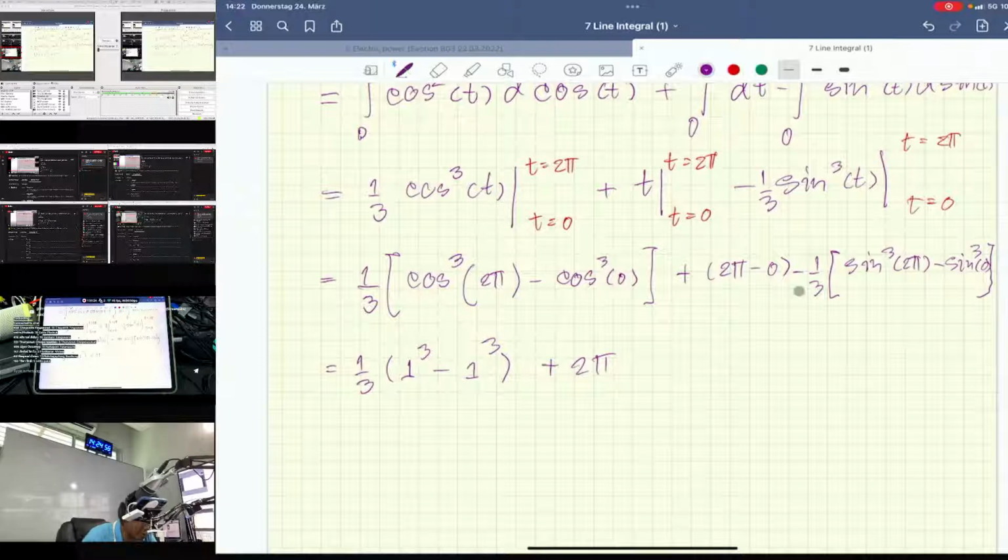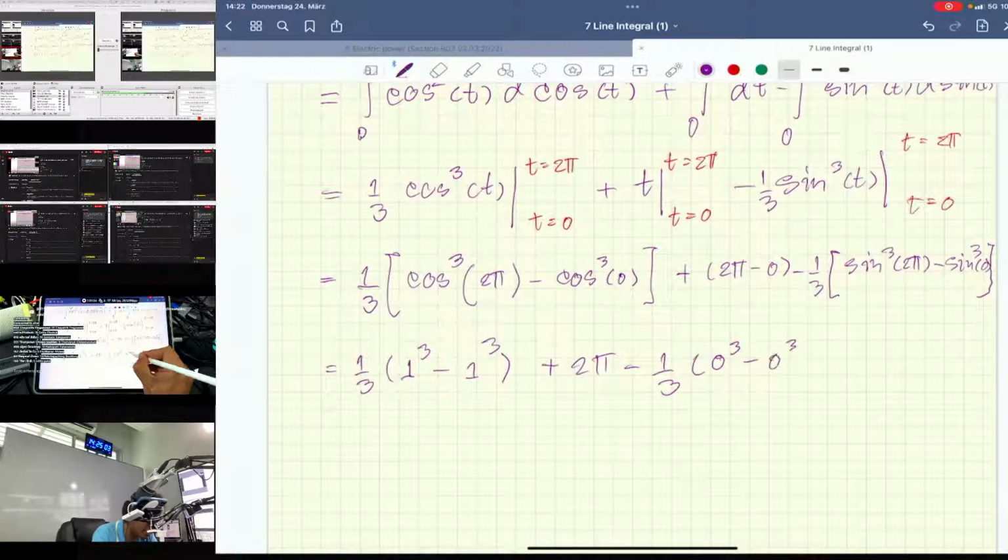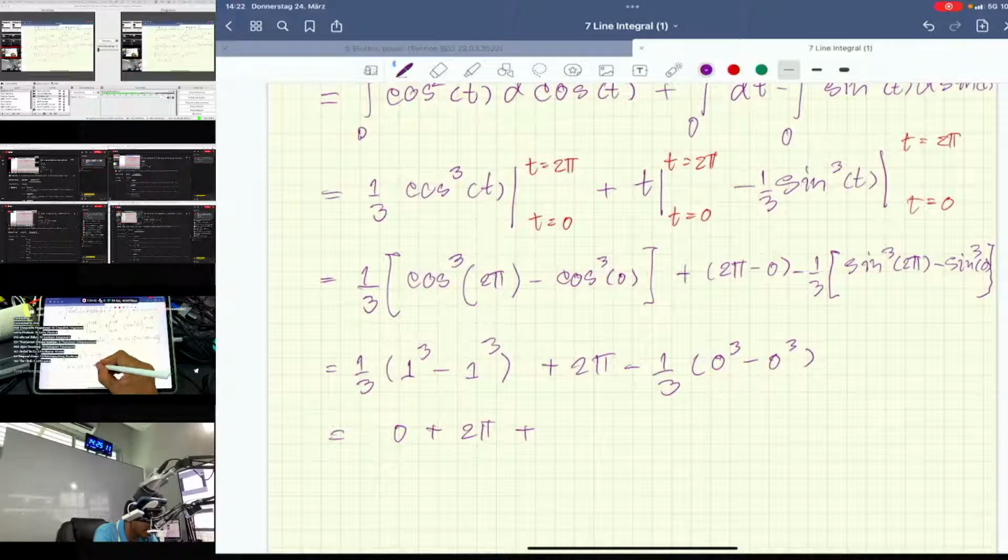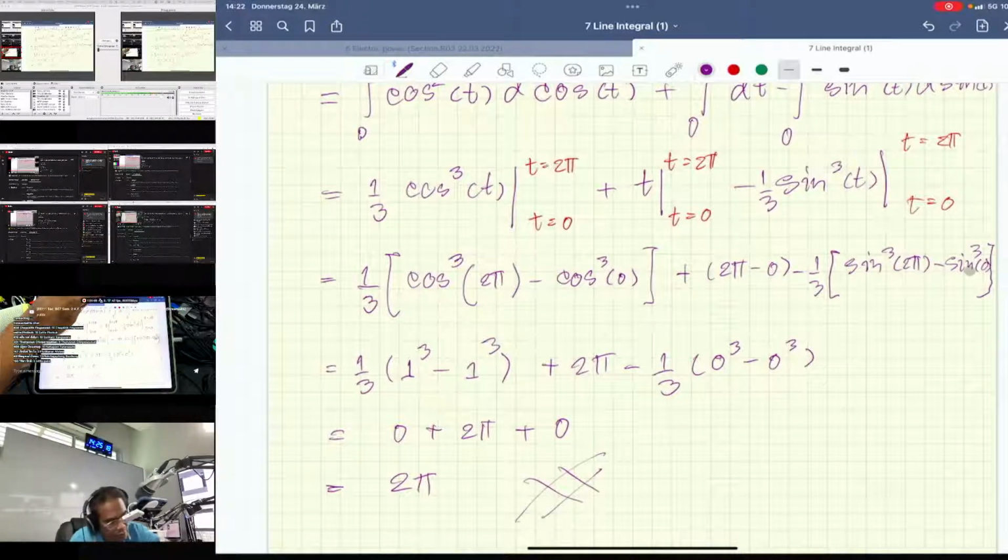And here you have 0, minus 1/3 and 0 to the power of 3 minus 0 to the power of 3. You're going to get 0 plus 2 pi plus 0. So the final answer is 2 pi. And that's it. I hope it's correct.